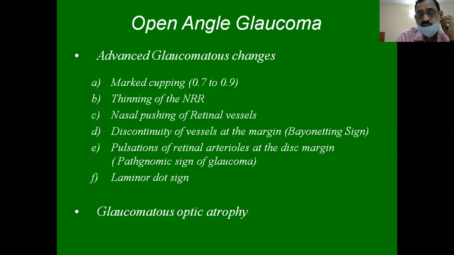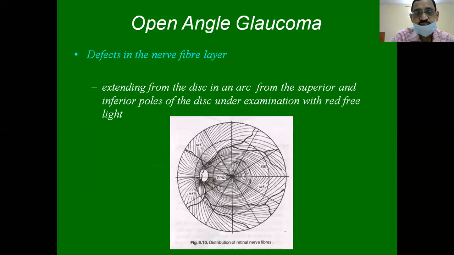You see the vacuole-like appearance of the disc, which goes up to the disc margin. That's the laminar dot sign. And finally, glaucomatous optic atrophy. So the whole disc is white in color, and the nasal pushing of the vessels will be there. And clinically, the patient will not have any vision.